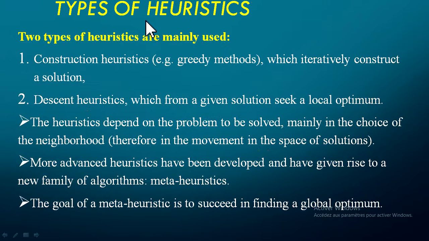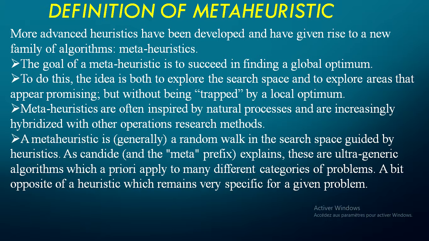So, what is the definition of meta-heuristic? More advanced heuristics have been developed and have given rise to a new family of algorithms, which is meta-heuristics. The goal of meta-heuristics is to succeed in finding a global optimum, which is the optimal solution. To do this, the idea is both to explore the search space and to explore areas that appear promising, but without being trapped by a local optimum.